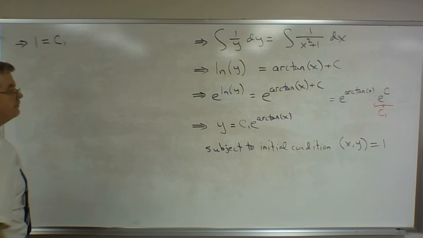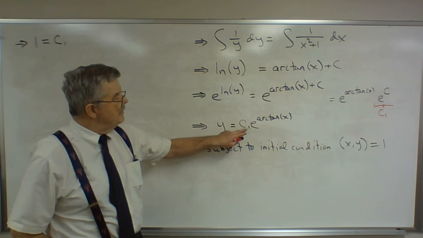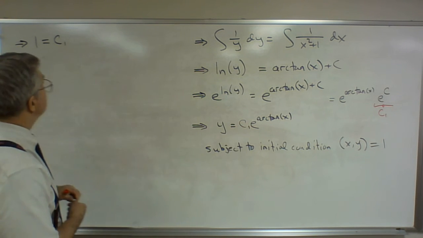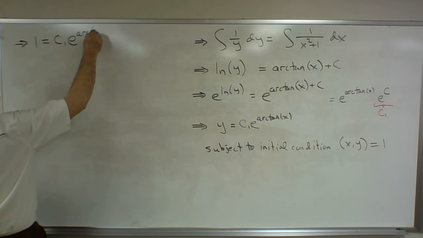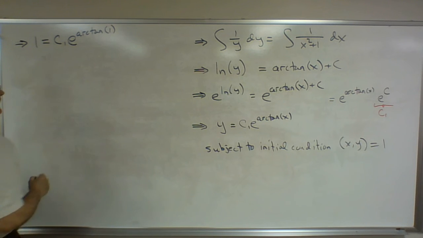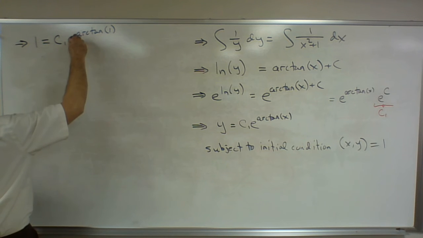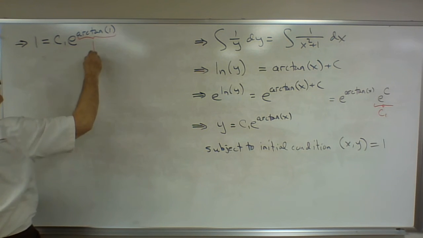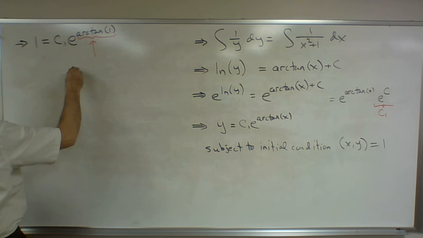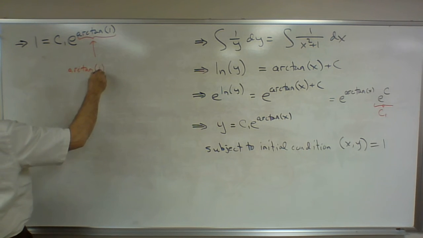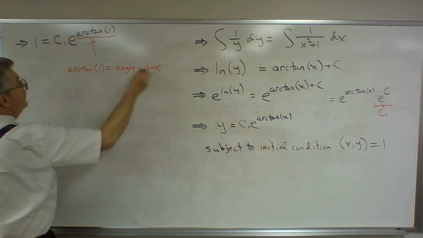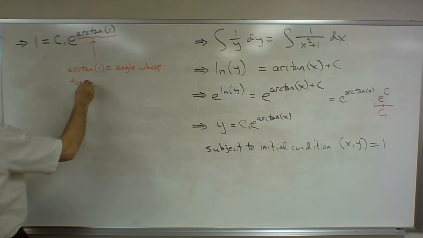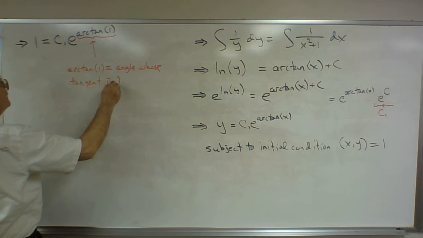Oh my goodness. y equals C1 e to the arctangent of x. So this is C1 e to the arctangent of 1. Arctangent of 1 equals the angle whose tangent is 1.